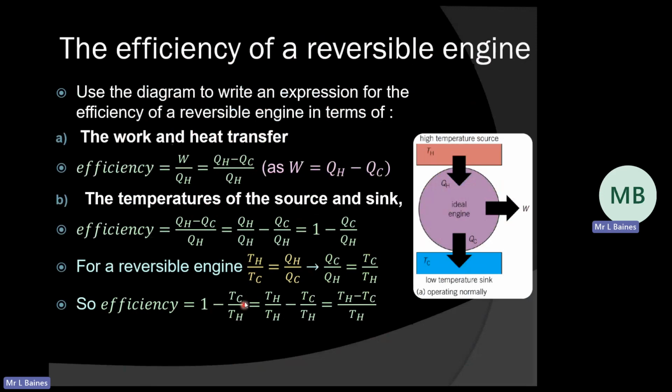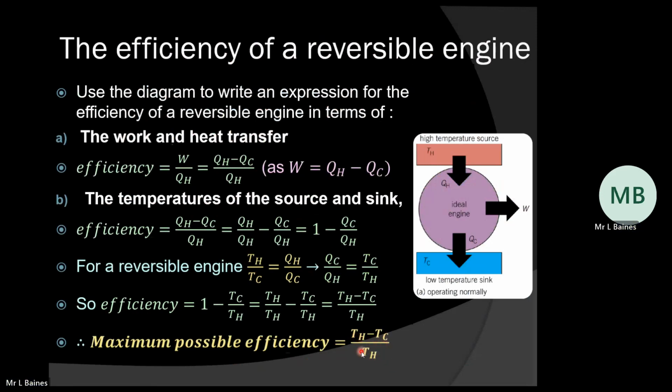So I can substitute that in, and I can go 1 minus TC over TH. I can put those temperatures back together because that's TH and TH. And that gives me this final equation for maximum possible efficiency. So the maximum possible efficiency of any heat engine is TH minus TC over TH. So, really important formula there.